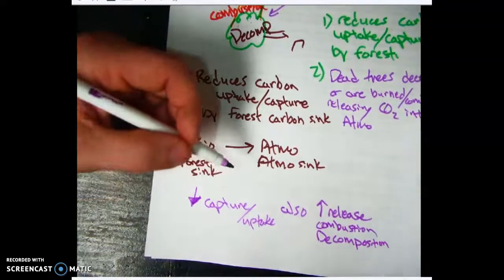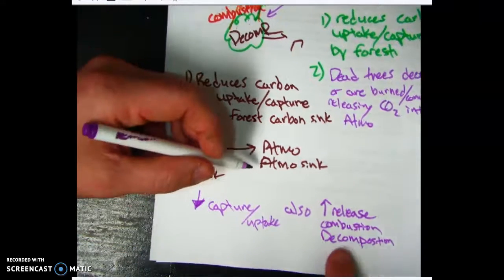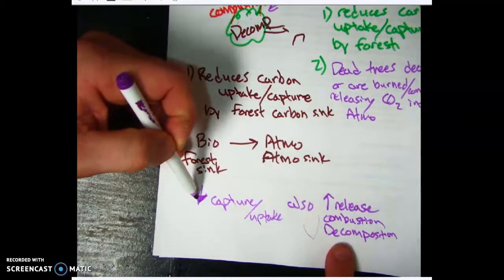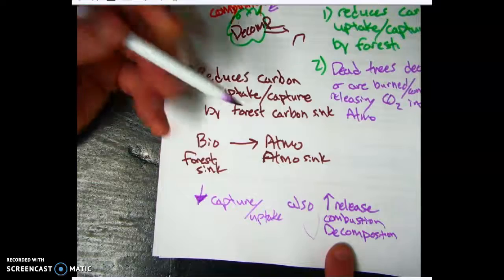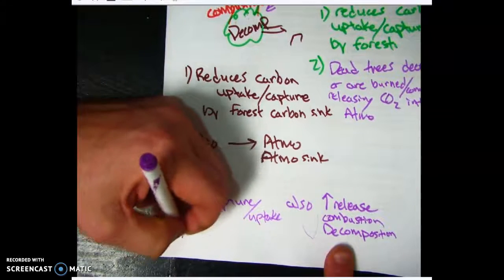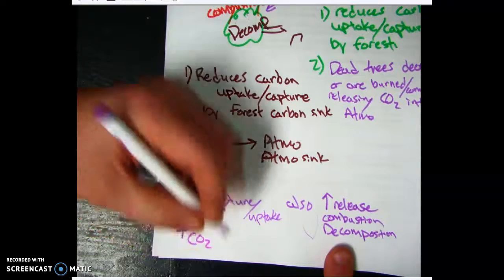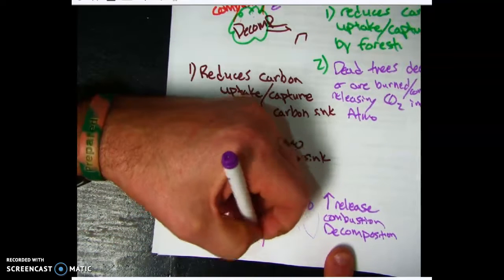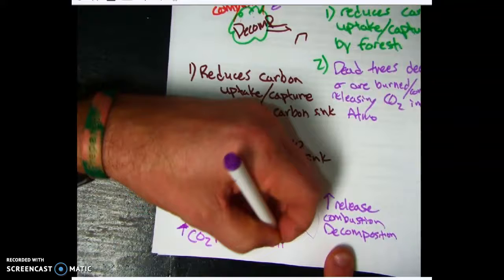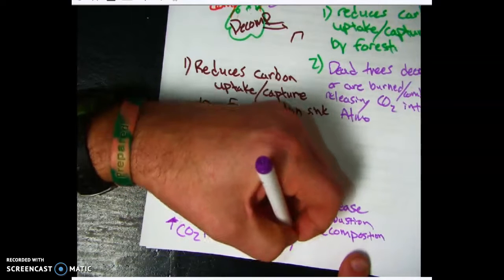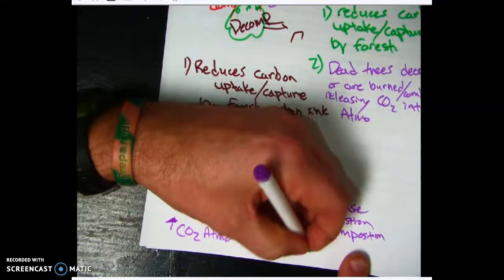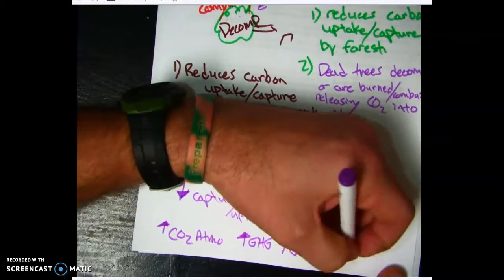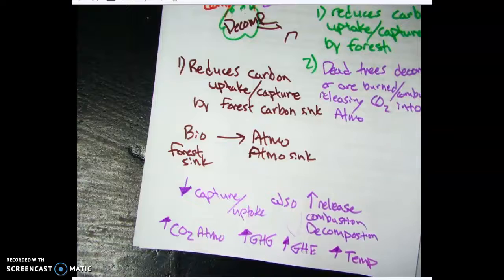So the overall change is that we're going to have more in the atmosphere, and none of it's going to be coming out and going back into the forest. So we have an increase in CO2 in the atmosphere, which causes an increase in greenhouse gases, which causes an increase in the greenhouse effect, which will cause an increase in temperature.